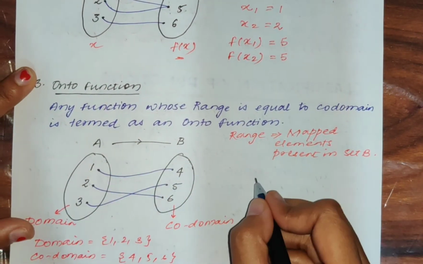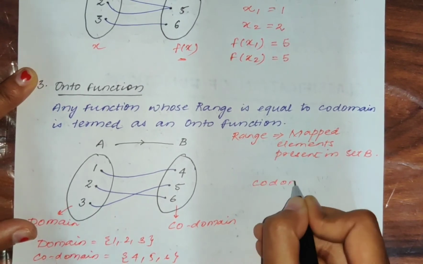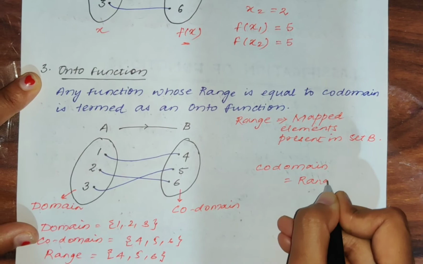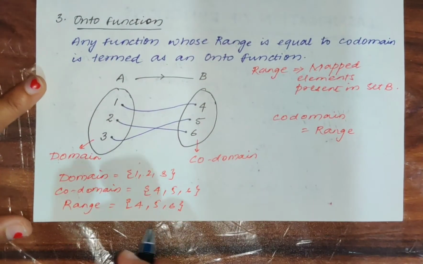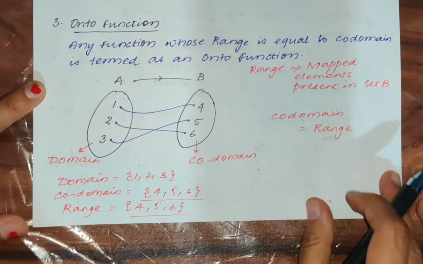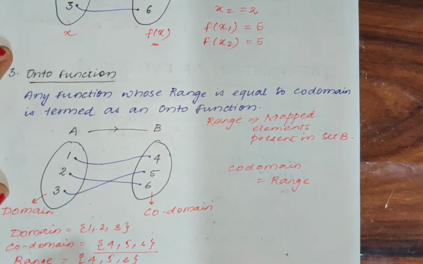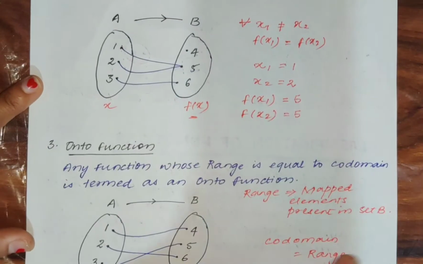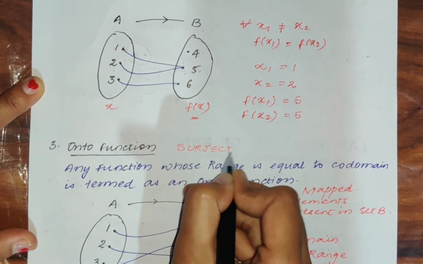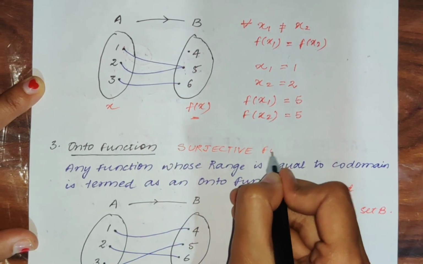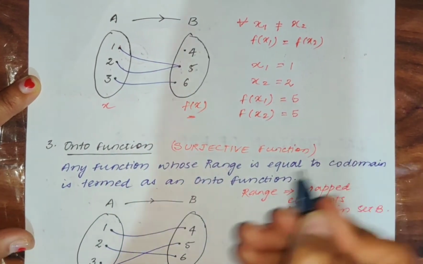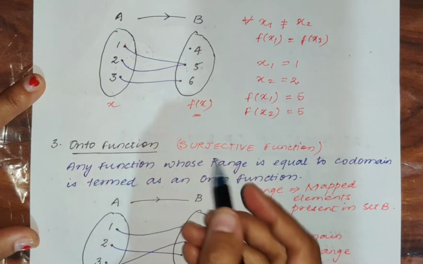So we can see here codomain is equal to range. You can very well see codomain is 4, 5, 6 and range is also 4, 5, 6. Therefore, this is an onto function. Onto function is also known as surjective function. Please remember these terminologies because sometimes in a question paper, they give you these terminologies.